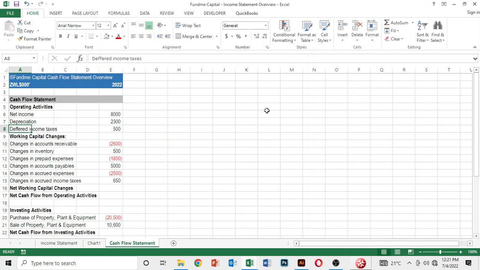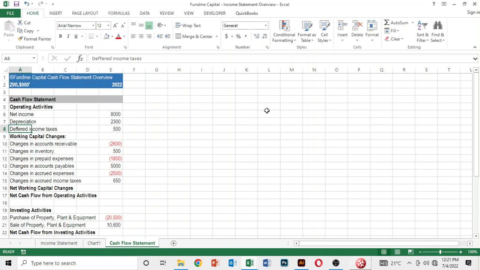And we've got deferred income taxes, and mostly deferred income taxes are a result of the different methods of depreciation that are used. So it emanates from different accounting methods of depreciation. For example, mostly the formula that we use to derive the deferred income taxes figure is accelerated depreciation minus straight line depreciation times tax rate, right?